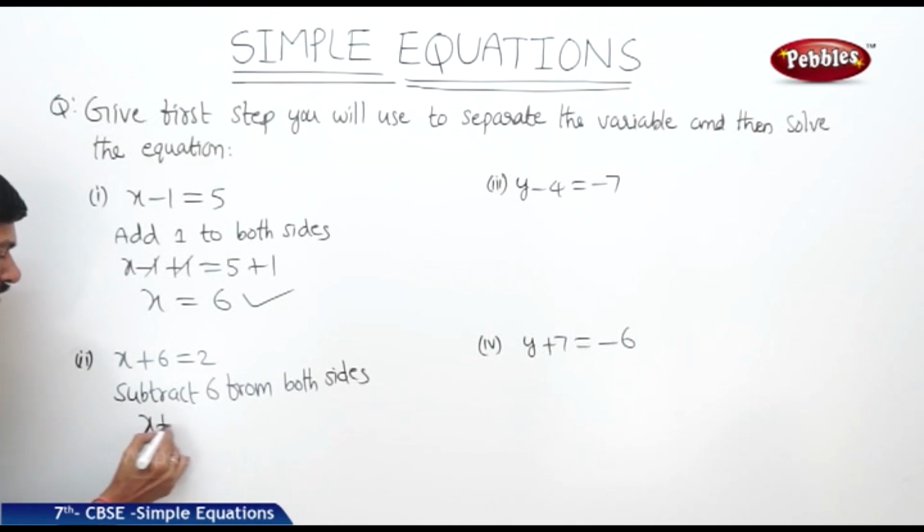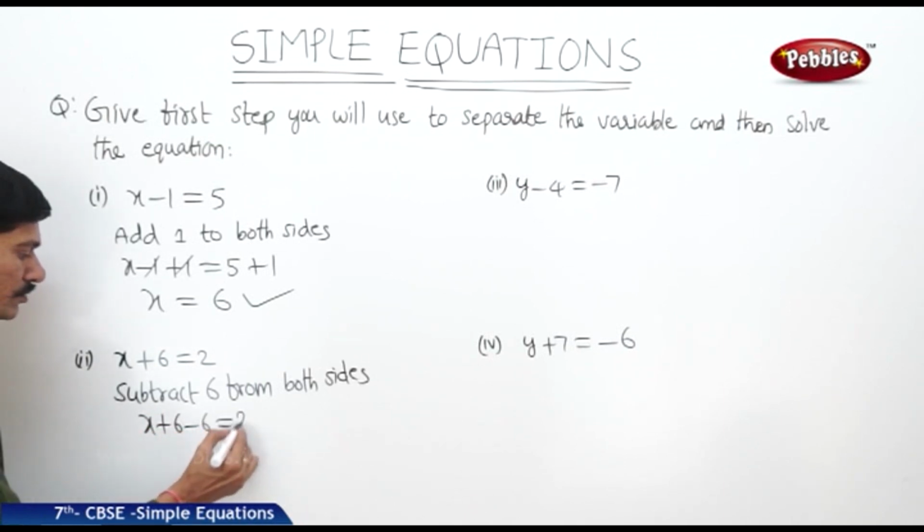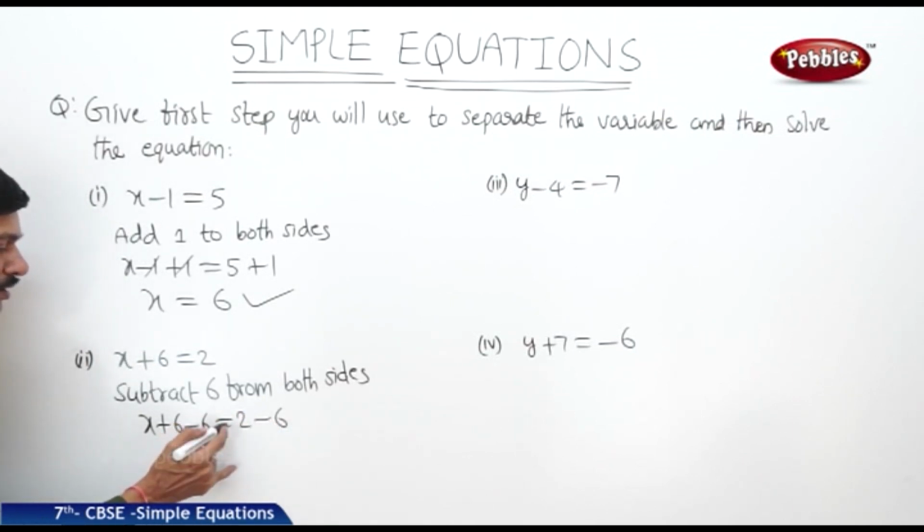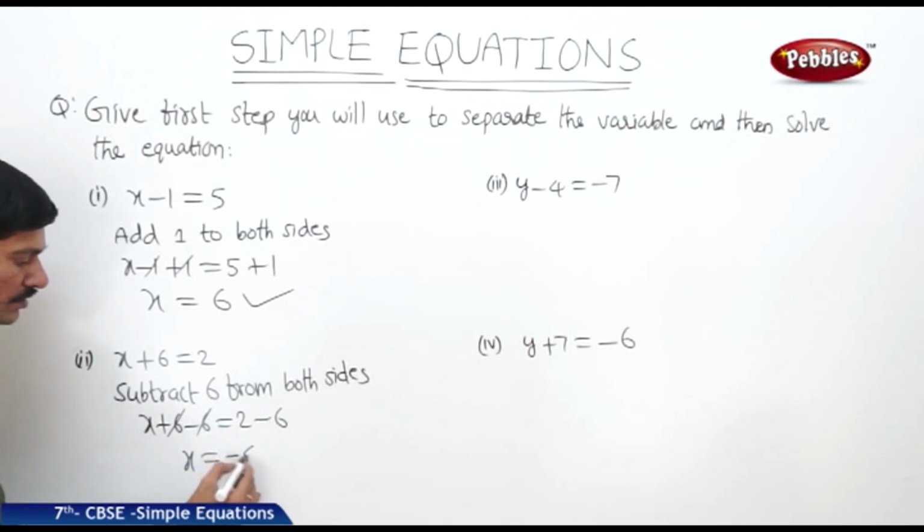So x plus 6 minus 6 equals to 2 minus 6. We have to do the same mathematical operation on both sides of the equality sign. So in the LHS, plus 6 minus 6 get cancelled, then x equals to 2 minus 6 is minus 4.